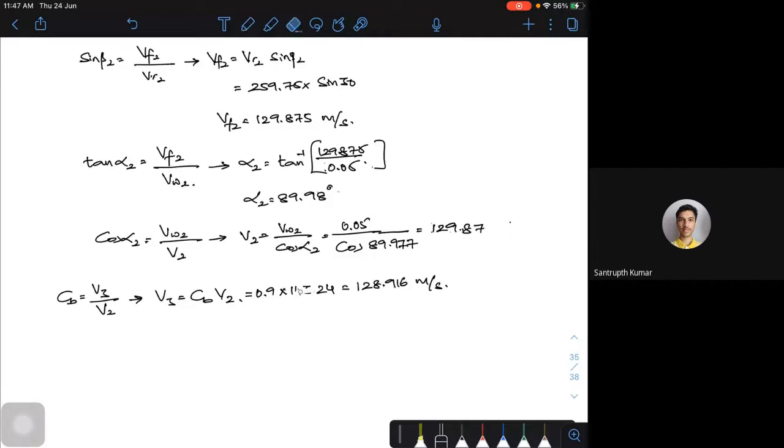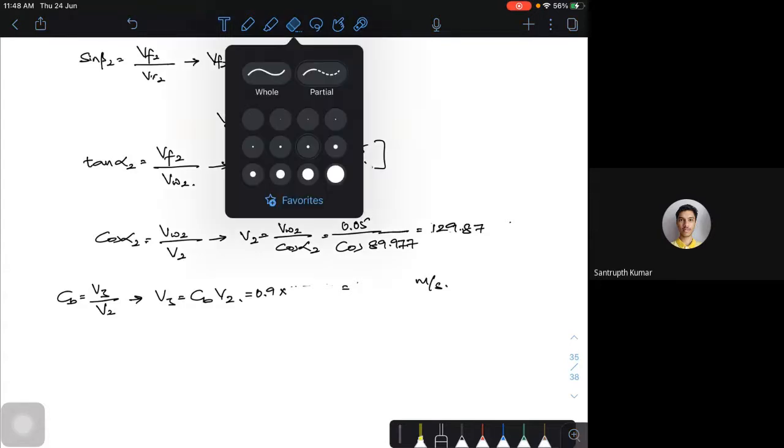So 143 means if you round off, I am getting a higher value. Let me round it off: 129.875 into 0.9, so 127.89.